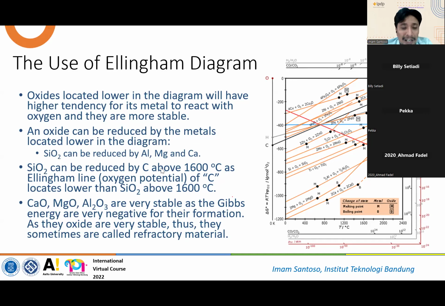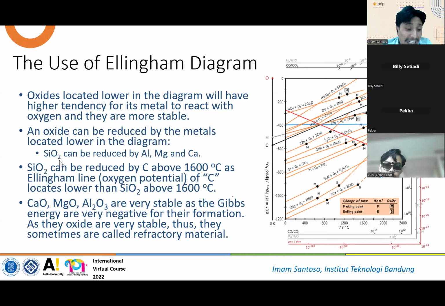Why? Because aluminum oxide, magnesium oxide, and calcium oxide are located below SiO2 in the Ellingham diagram. So if you want to select a metal reductor, that metal reductor needs to be located below the oxide.